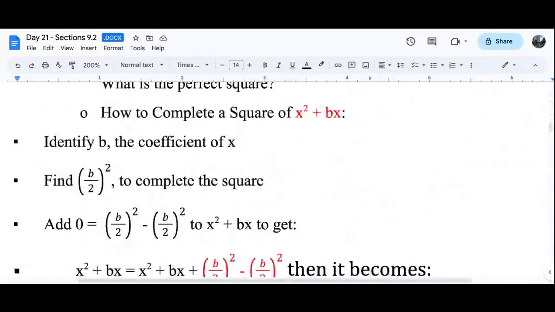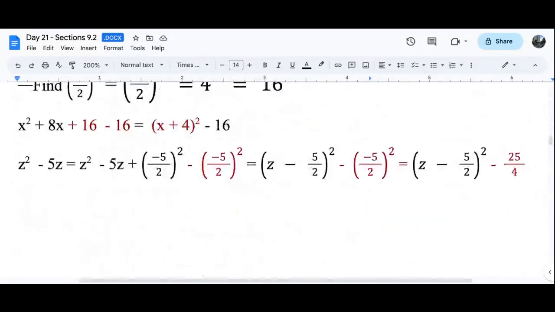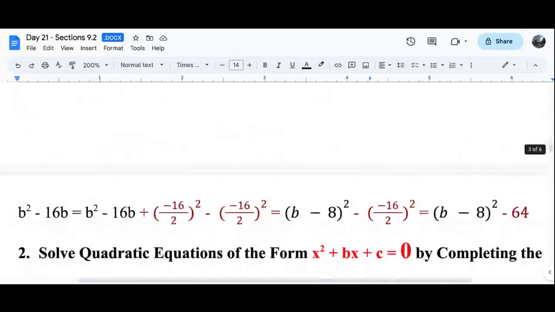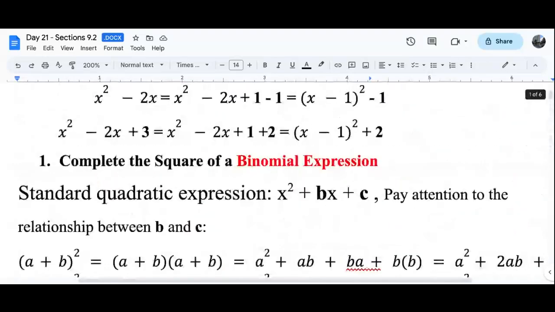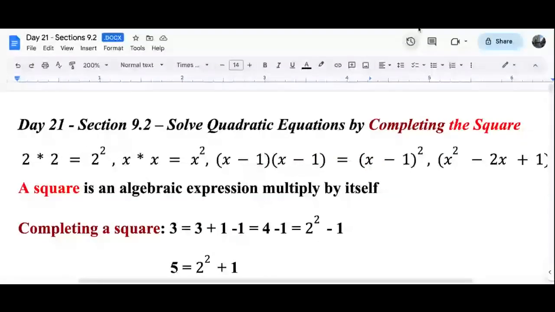We call this the standard form. And we have another kind of form called vertex form. So completing the square basically changes the standard form into the vertex form.